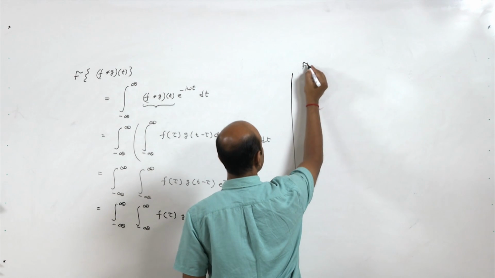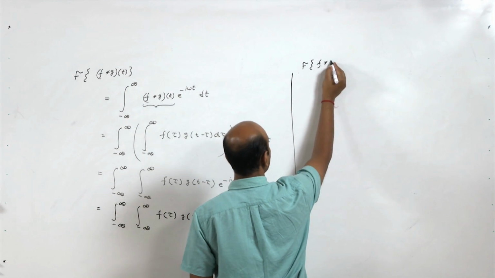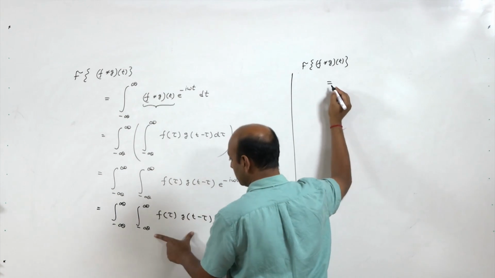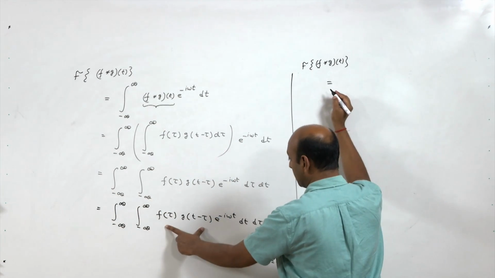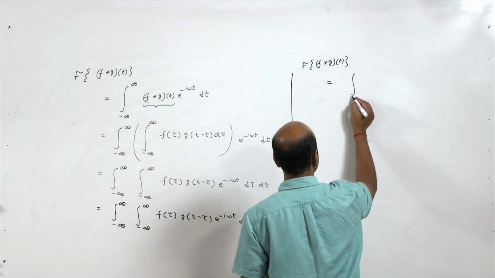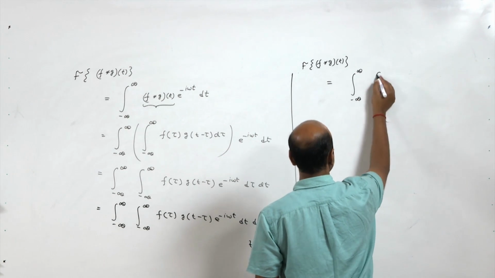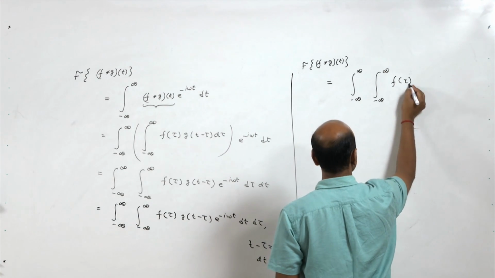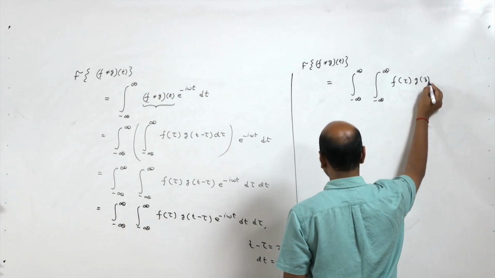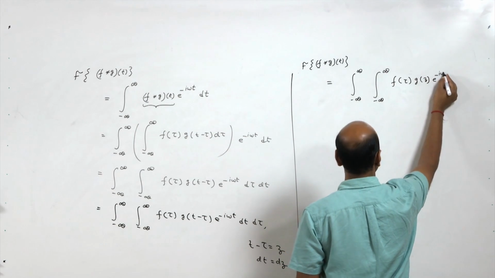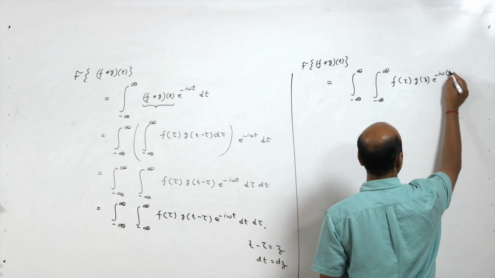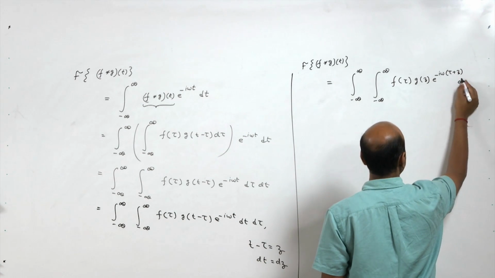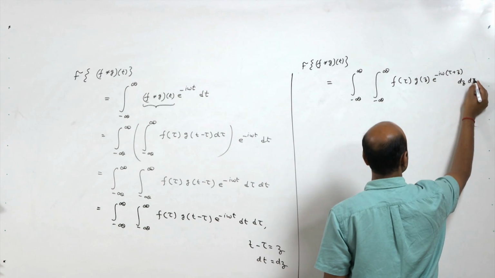So, basically we are simplifying the Fourier transform of the convolution of two functions. That will be equal to this expression, and this will further be equal to the integral from minus infinity to plus infinity of f(tau) g(z) e to the power minus iω, and t is nothing but tau plus z from this expression, and dt is dz and d tau is d tau.